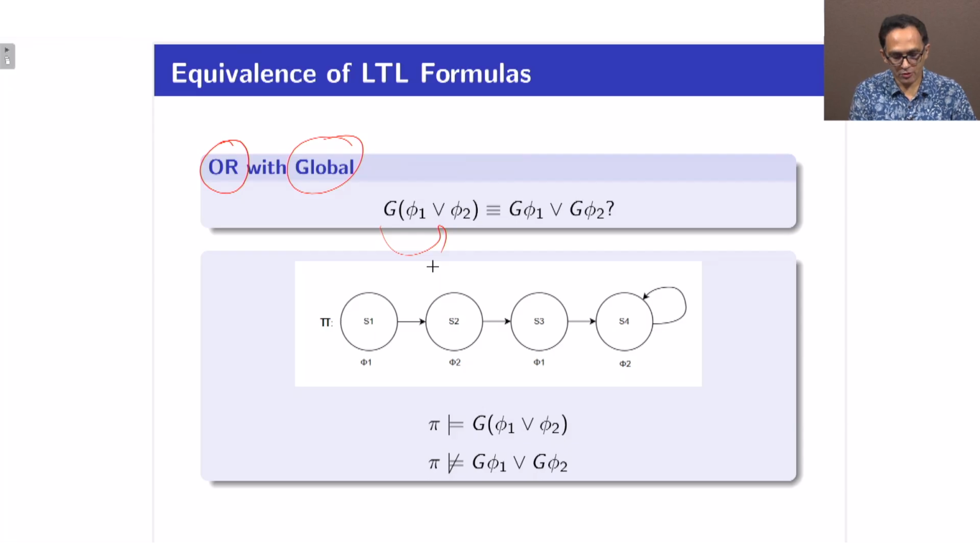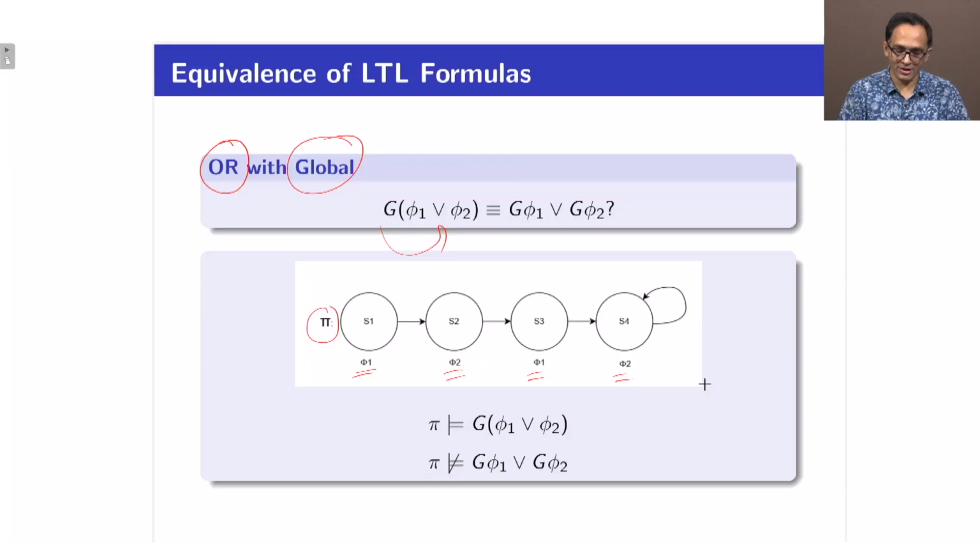Let us say I want to see this path pi 1, which is S1, S2, S3 and S4. In here phi 1 holds, phi 2 holds, phi 1 holds, phi 2 holds. To have this path satisfying globally phi 1 or phi 2, in every state either phi 1 should hold or phi 2 should hold.